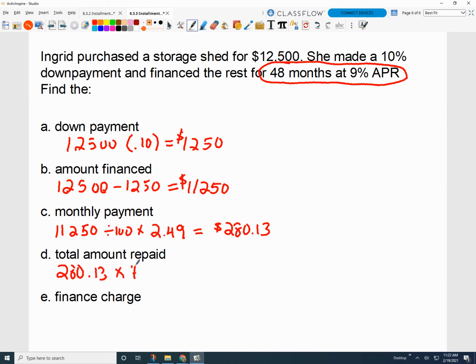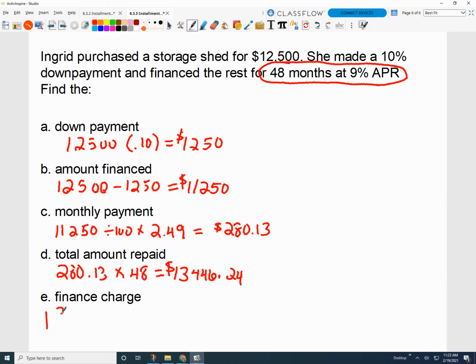So she actually paid this place back $280.13 times 48 months. She paid back $13,446.24.